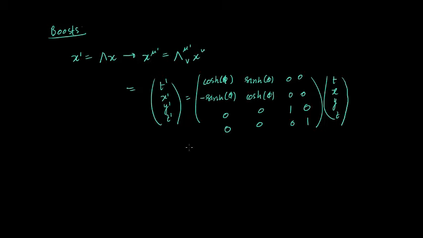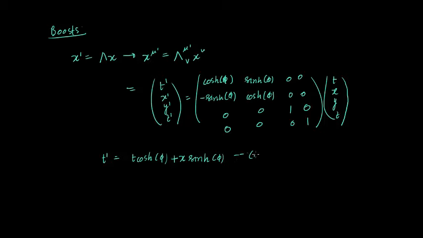Alright, and we can write then that t prime is equal to t cosh phi plus x sinh phi.